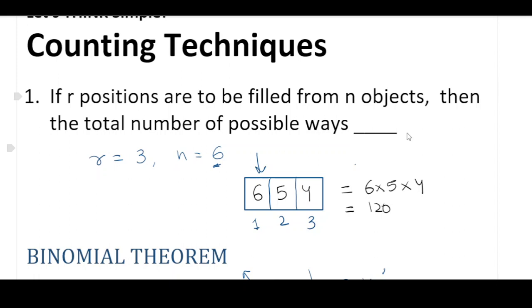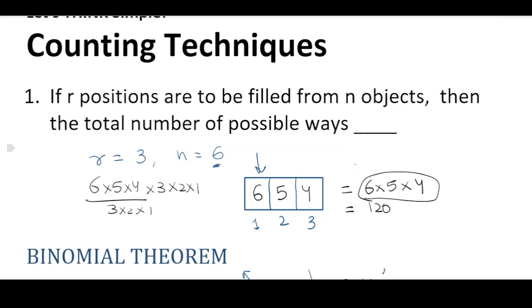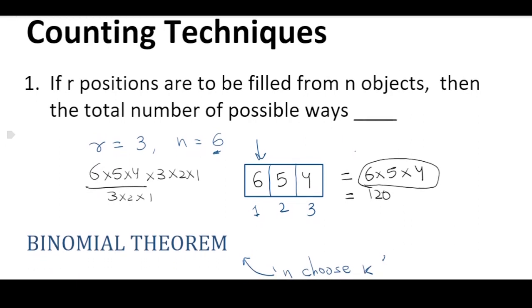Now try to look over here. How can I rewrite it in terms of factorial? This was my answer. What I can do here is expand it by multiplying by 3 to 1, and I can divide by it also. I can multiply and divide by some non-zero quantity.